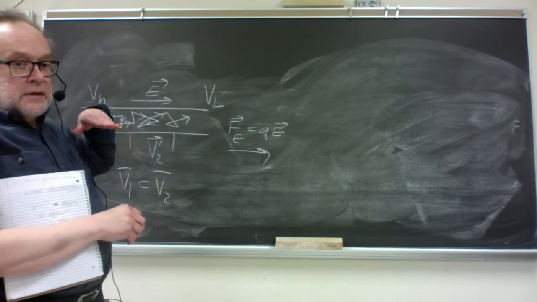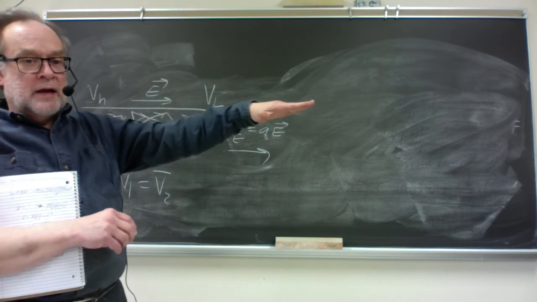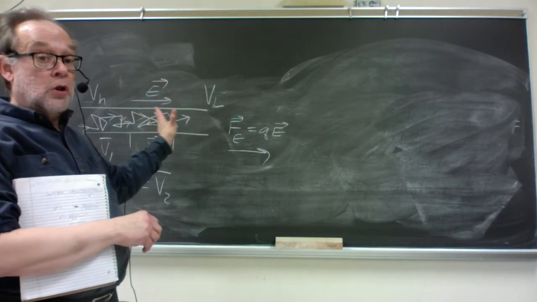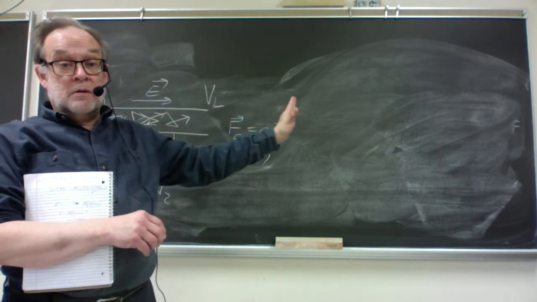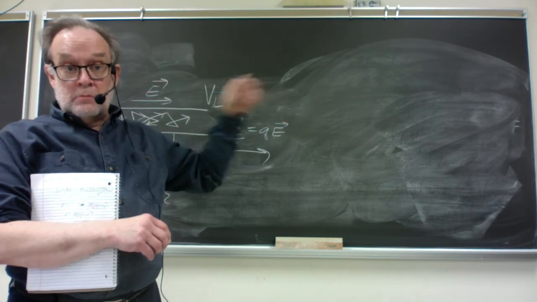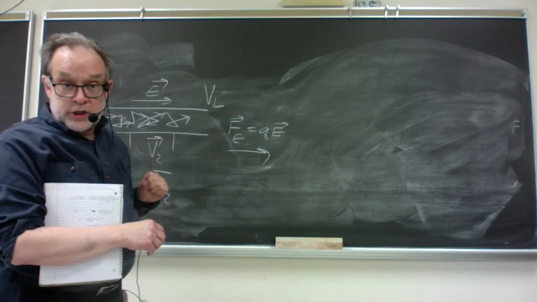Drift because the charged particles aren't just moving in a straight line all the time, they're kind of drifting around, but overall moving on average in the direction in which the electric field is pushing them.